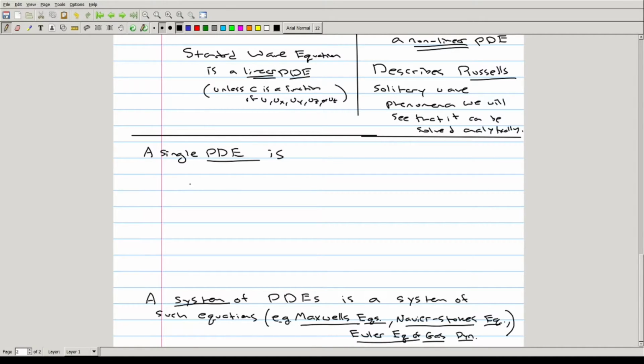So it's some function f. We do f of all of the independent variables. So f is a function of x1 and possibly all of the independent variables up to xk. If we have k independent variables, it's possibly a function of all of the derivatives of u with respect to x, where u is the solution.